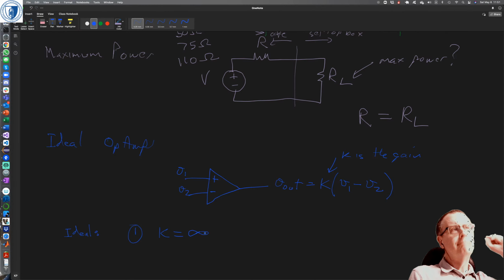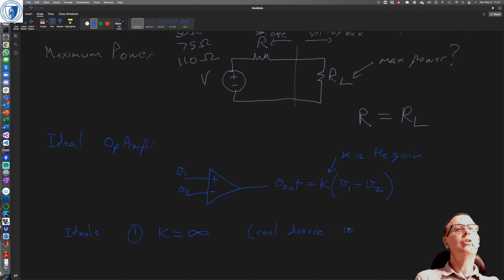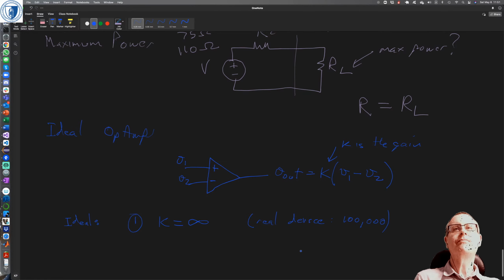Even on a real device, it's possible to have that gain of the order of 100,000, 50,000, 10,000. So infinity isn't stretching the truth too much. It's stretching it a little bit.